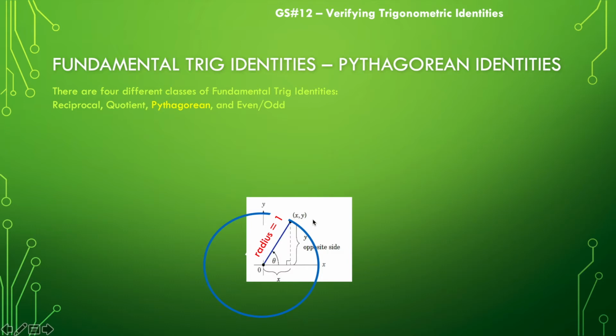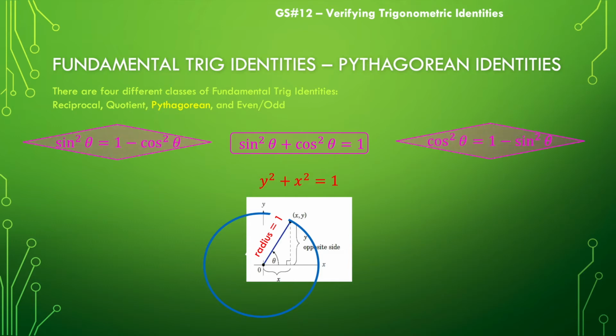But we know from our exposure to the unit circle that x is the same as cosine and y is the same as sine. So we can rewrite this as sine squared of theta plus cosine squared of theta is equal to 1. Okay, so that is our big kahuna Pythagorean identity.